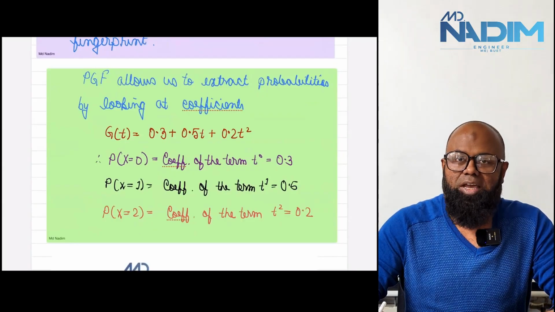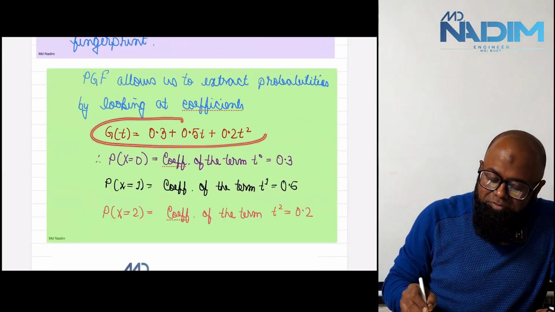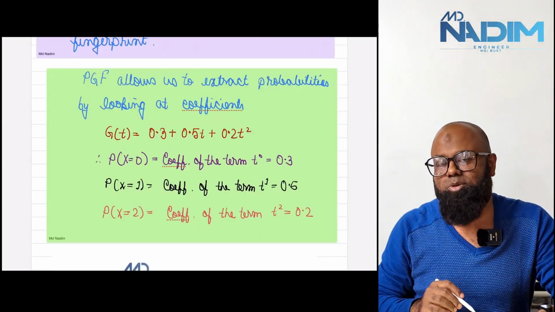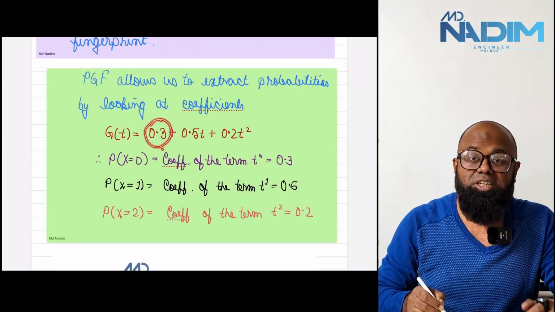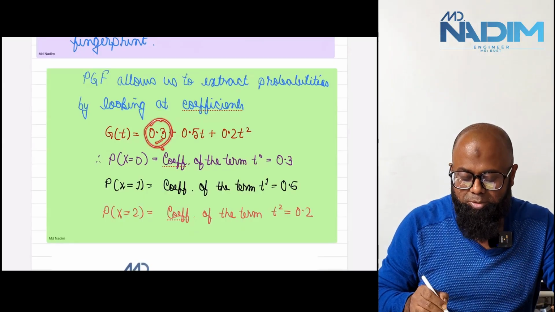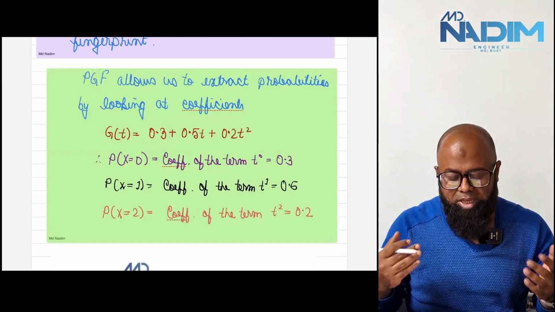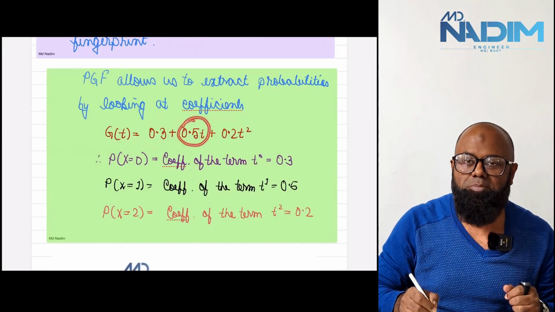Next one is PGF allows us to extract probabilities by looking at the coefficients. Here you can see that the PGF is like this. If I ask you what is the probability of x equal to 0, then just look at the coefficient of t to the power 0. Now if I ask you the probability of x equal to 1, look at the term with t to the power 1.